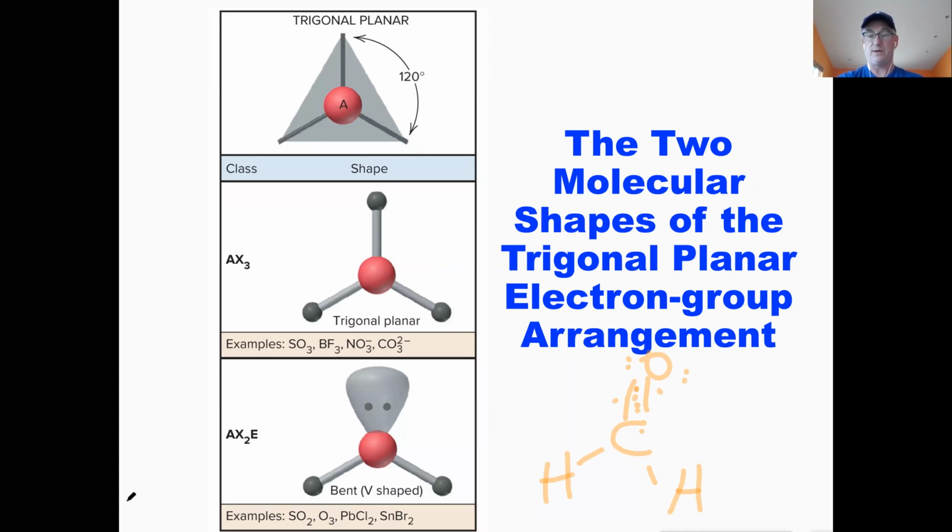One is the double bond, and one is the single bond to a hydrogen, and the other is a single bond to a hydrogen. Three regions of electron density around the carbon. No lone pairs, so only three. So that will be trigonal planar. What do you think this bond angle will be between the two hydrogens? Will it be greater than 120 degrees or less than 120 degrees? What's your prediction?